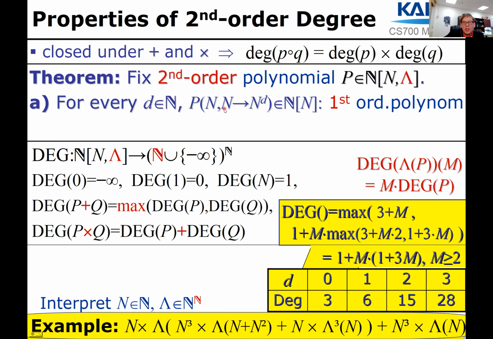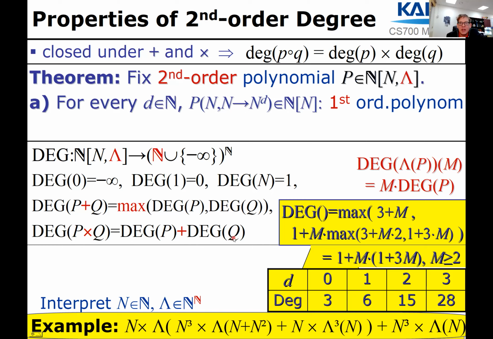We just take a particular case of a natural number function lambda, namely the one that takes n to n to the d, using here some kind of implicit lambda notation, where d is fixed. Okay, and if we do that, then the statement says the result, in this case the second order polynomial, boils down to a first order polynomial.